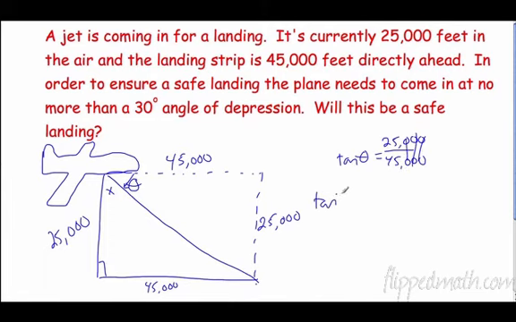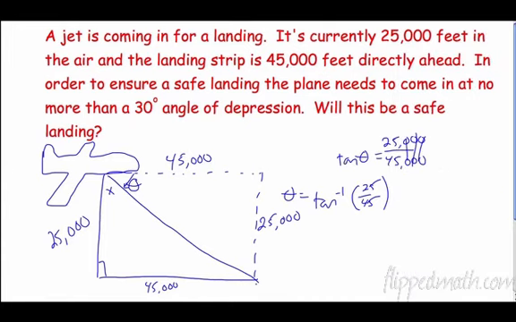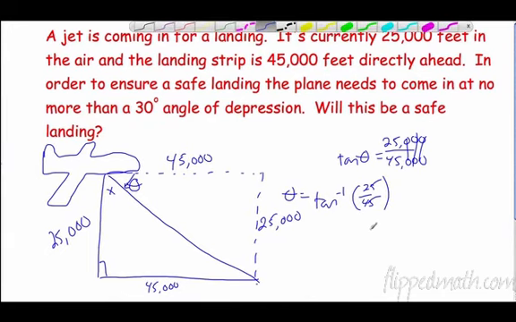So inverse, so theta equals inverse tangent of 25 over 45. Let's see what we get. Second, inverse tangent of 25 divided by 45. And we get 29.0, so 29 degrees. So theta is 29 degrees.